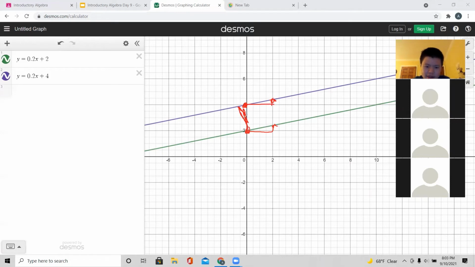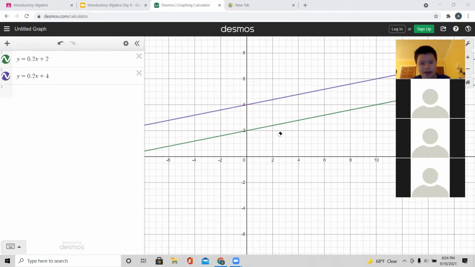The distance between these two parallel lines never changes. The distance between them is essentially the distance of a perpendicular line between both lines, which I will talk about very soon.